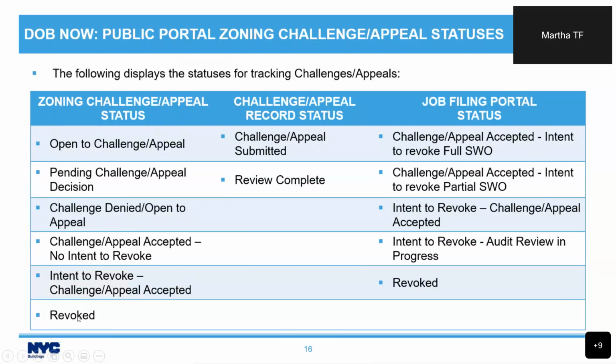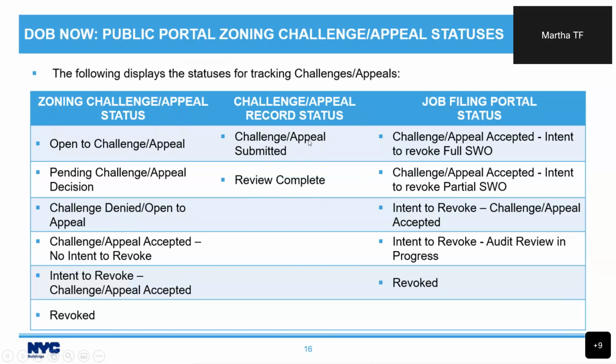There's even a revoked. Now, each individual challenge or appeal will only have 2 statuses. The first is that the challenge or appeal was submitted, and the second is that the review is complete. The individual challenges or appeals will not have any other status.